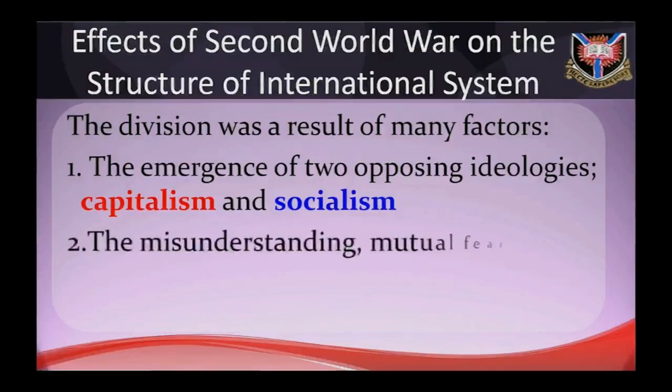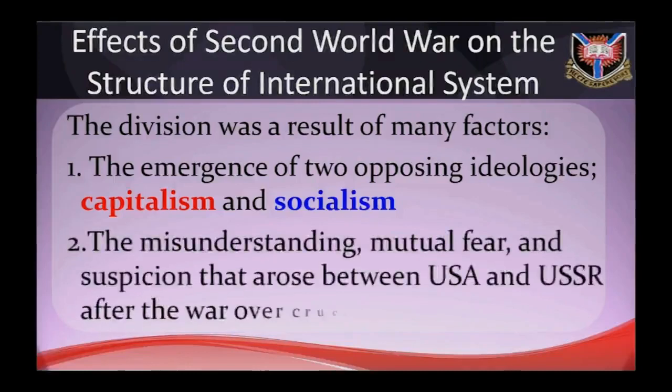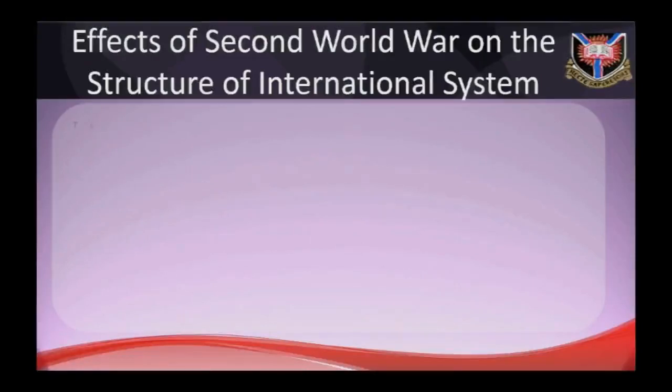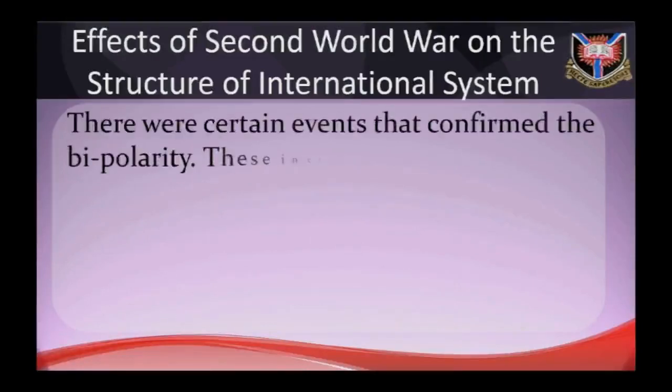The misunderstanding, mutual fear, and suspicion that arose between USA and USSR after the war over crucial matters such as what to do with the European states liberated by USSR. USSR wanted to keep these states under communist rule, but the USA did not approve of this. The monopoly of the atomic bomb by the USA, the future of Germany, and the division of Europe into areas of influence. There were certain events that confirmed the bipolarity.